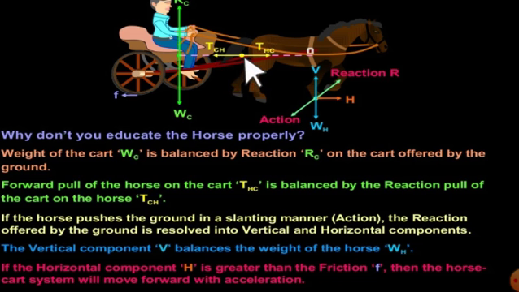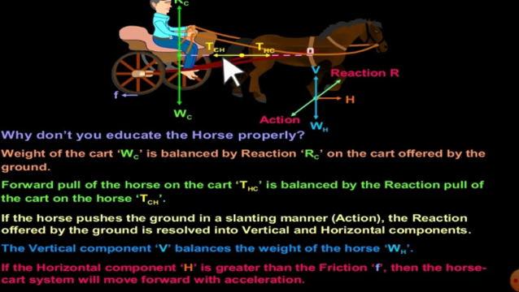That means the cart will be pulled by the horse, and we call that force, let's take it, the forward pull of the horse onto the cart, and denote it by THC. That means THC is nothing but the forward pull of the horse on the cart, and this will be balanced, no doubt, by the equal and opposite reaction, TCH.